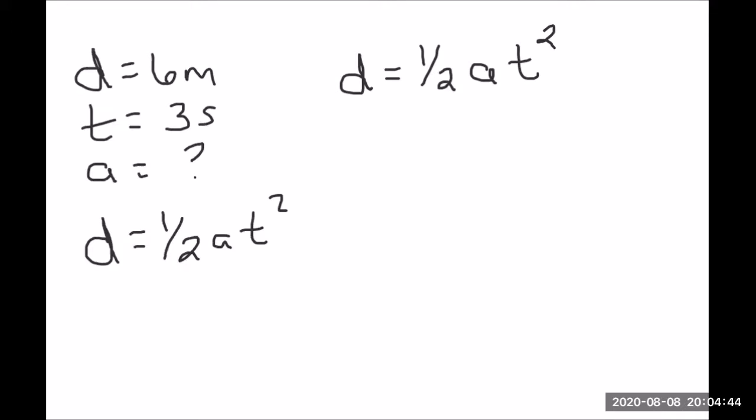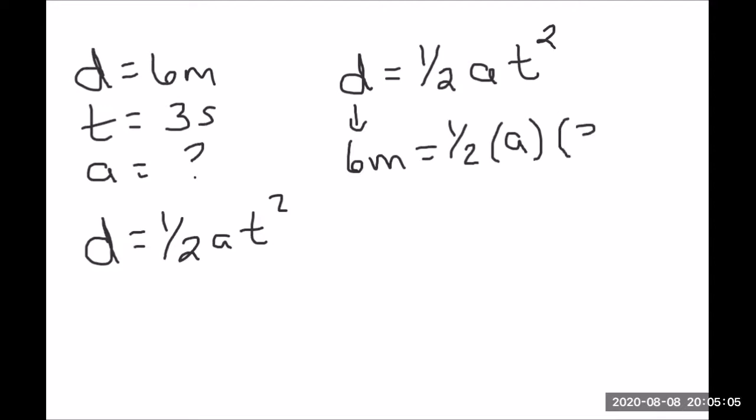If we get the same answer, then this equation really is just derived from those other 2. So below the d, our distance was 6 meters. And I'm going to put the a in parentheses because that's what we're solving for. We're going to leave it as a letter.